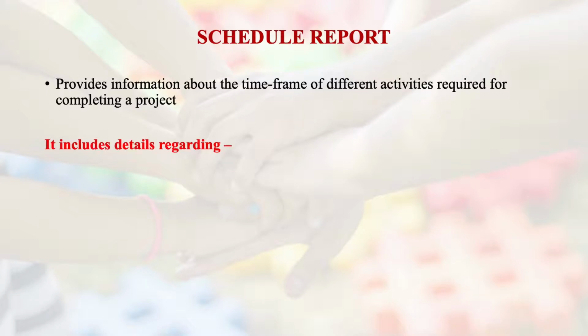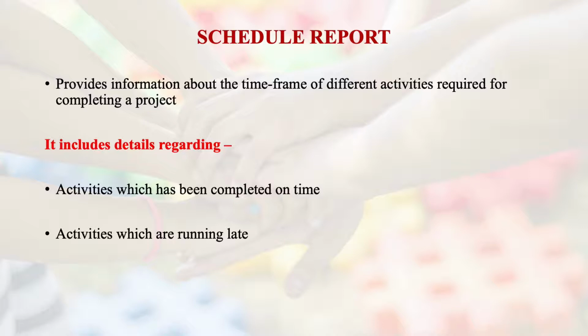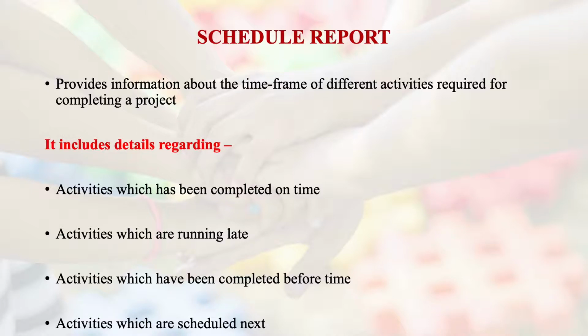This includes the details regarding activities which have been completed on time, activities which are running late, activities which have been completed before time, and the activities which are scheduled to happen.